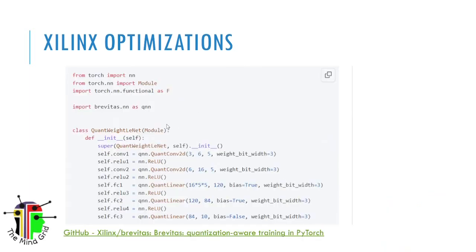And here's an example. You can see that this was written in Torch, but then we integrated this Brevitas library. The Brevitas library has given us these quant versions of the linear and convolutional 2D layers. Notice that you have been given these bit widths to quantize your weights, so weight quantization capabilities are available to you here.